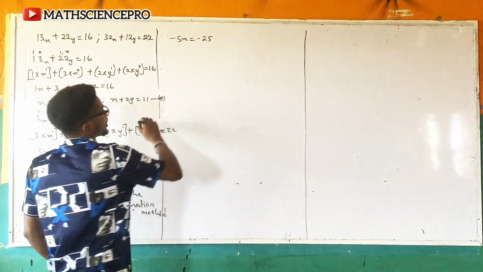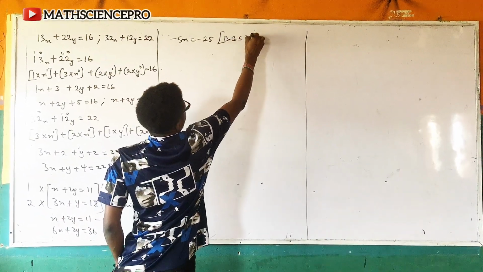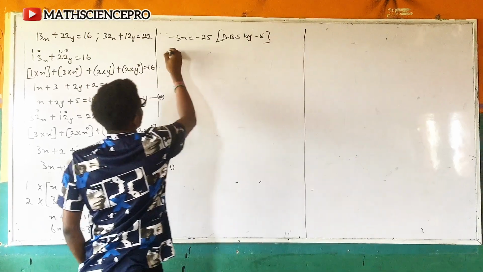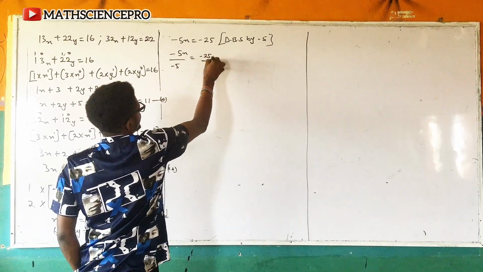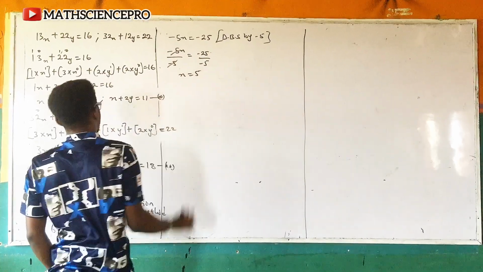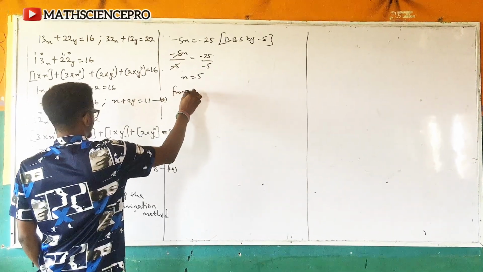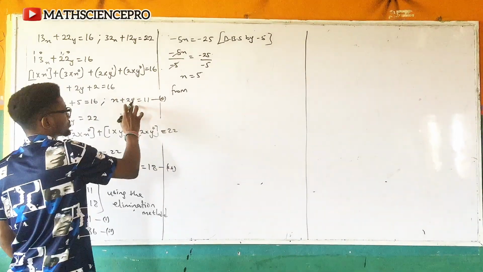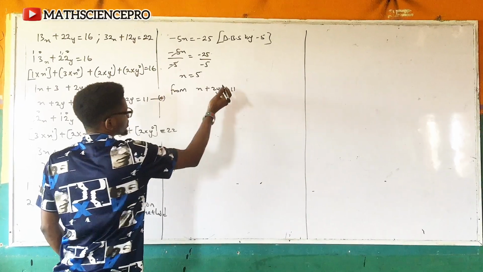So divide both sides by minus 5. So I have minus 5x over minus 5 equals minus 25 over minus 5. Then at the end of the day, x is 5. I've gotten my x to be 5. Then, using any of the equations, let me use x plus 2y, which is 11.